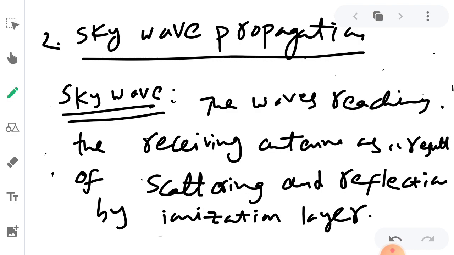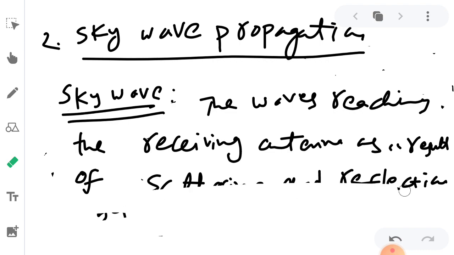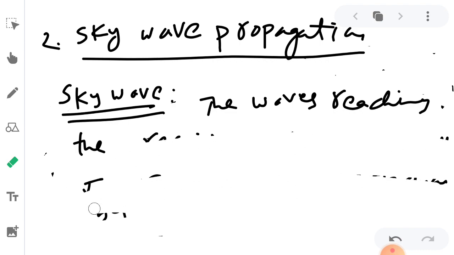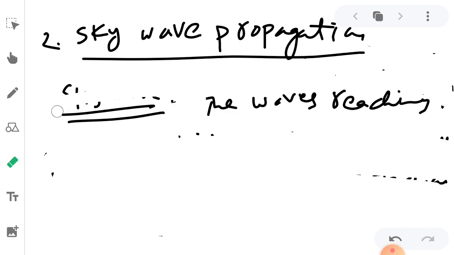That's why this type of wave propagation is also called ionospheric wave propagation.